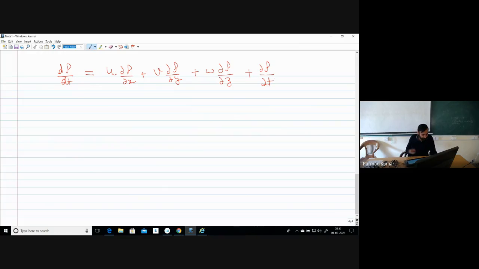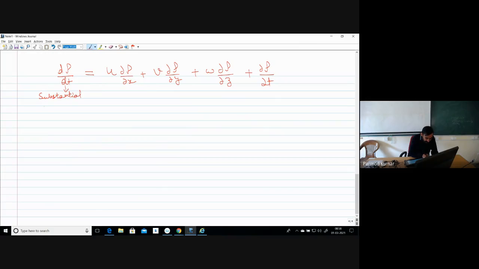Now this d rho by dt is what I have already told you is the instantaneous time rate of change of the density field of the fluid element while it is passing through location 1. This is what we call the substantial derivative.